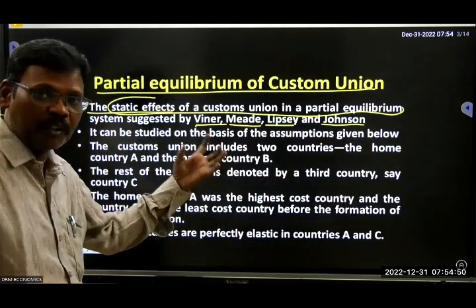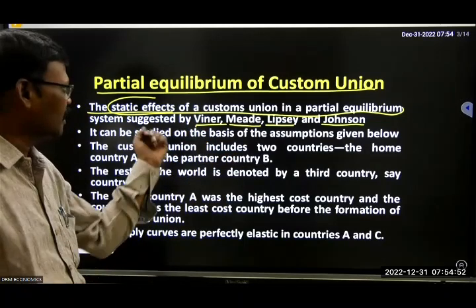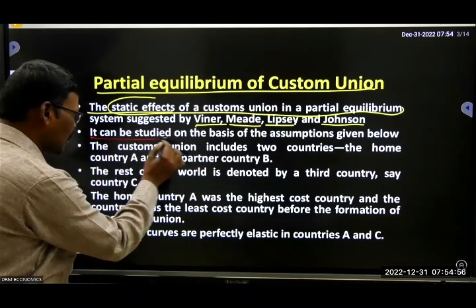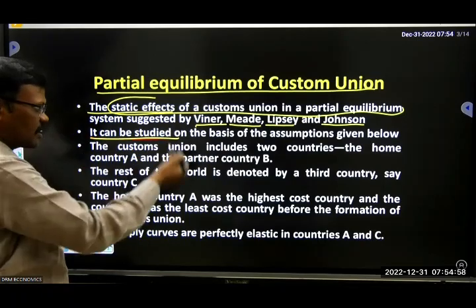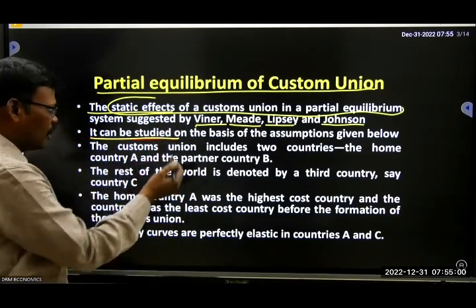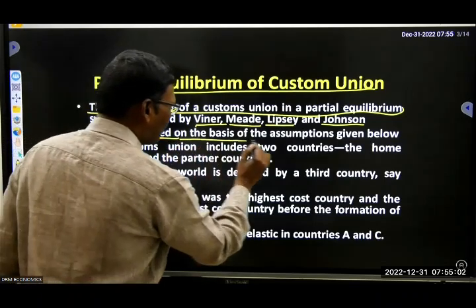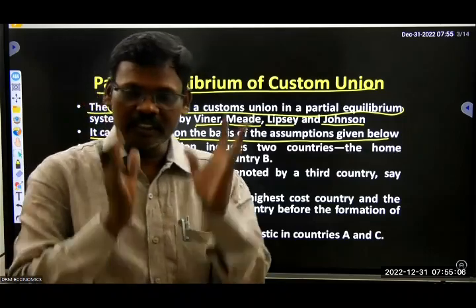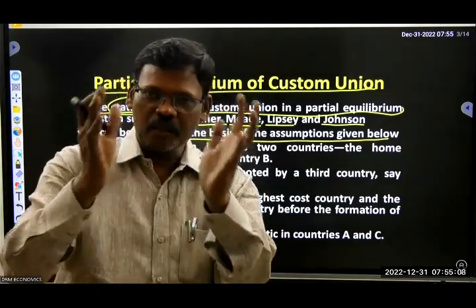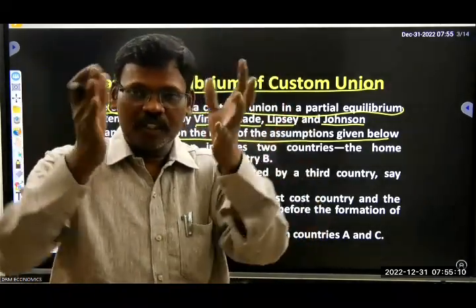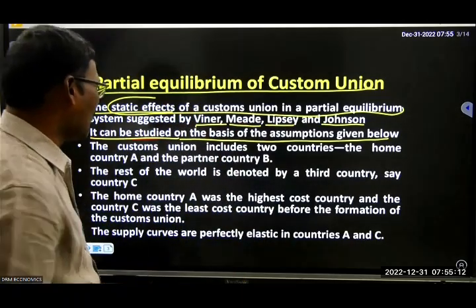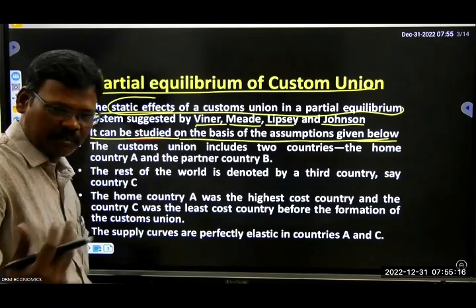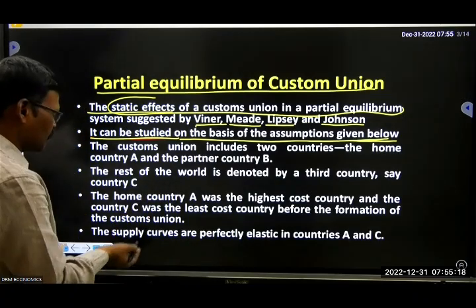These are the people who suggested the partial equilibrium of the customs union. It is studied on the basis of assumptions. This concept, the partial equilibrium of the customs union, was developed based on the assumptions given below. So what are the assumptions?